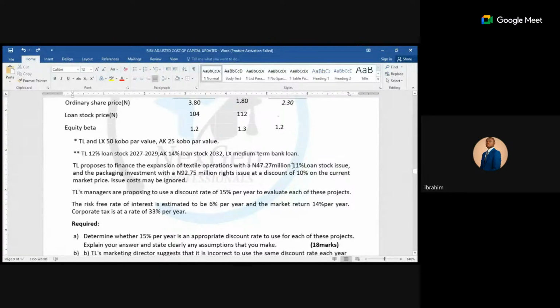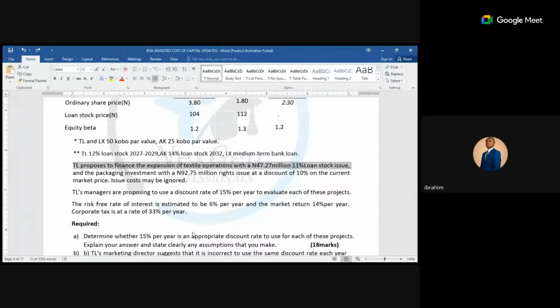That is for the expansion stated above. They've stated it before. With what? Loan stock. That is debt. Don't forget that they want to evaluate 2 projects. The first one is expansion. The second one is diversification. The expansion will not change their risk because it is still their normal business. Their risk will still remain.